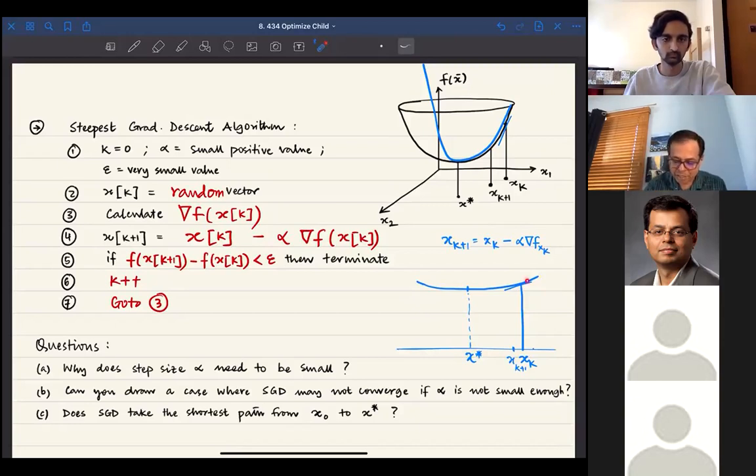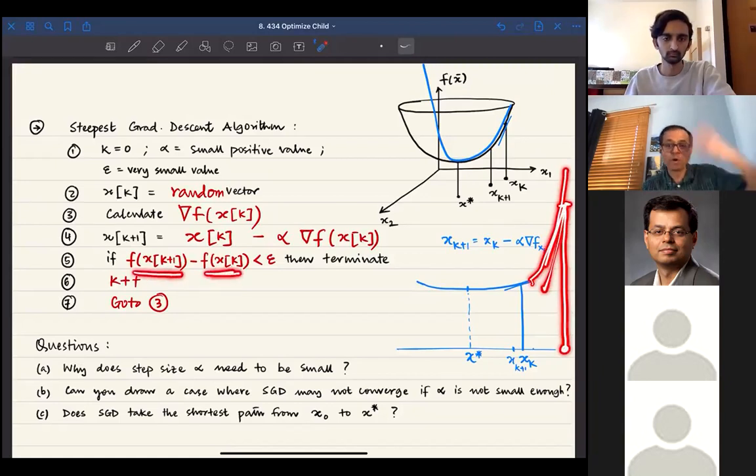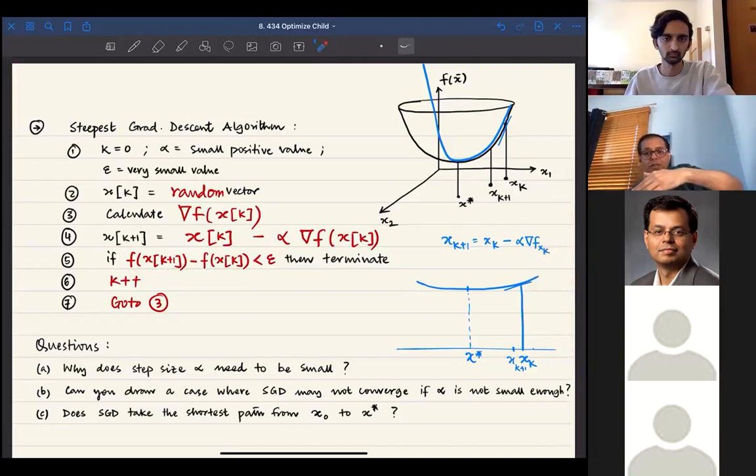If the function goes up like this and you are at this xk, then along that gradient direction, you're going to drop a lot. So f of xk plus 1 minus f of xk would be a large value because you dropped a lot.